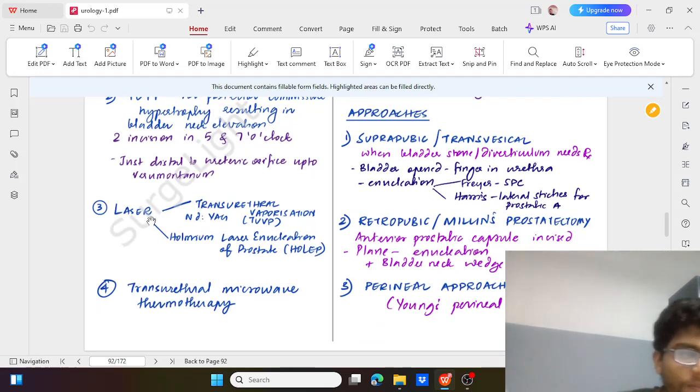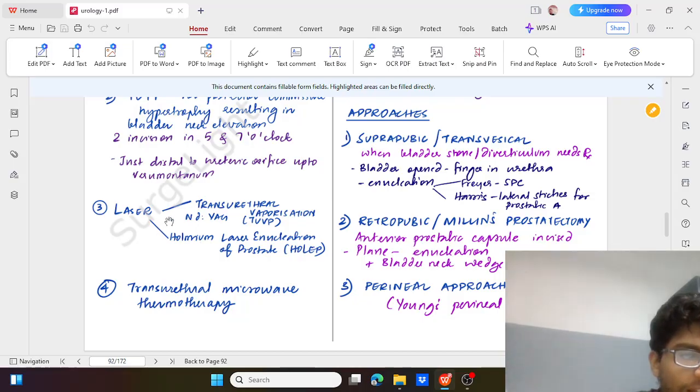Then we have laser for transurethral resection nowadays, that is TUVP, transurethral vaporization of prostate, or it is done through laser, that is Nd:YAG, neodymium yttrium aluminum garnet. Then holmium laser enucleation of prostate, that is HoLEP.